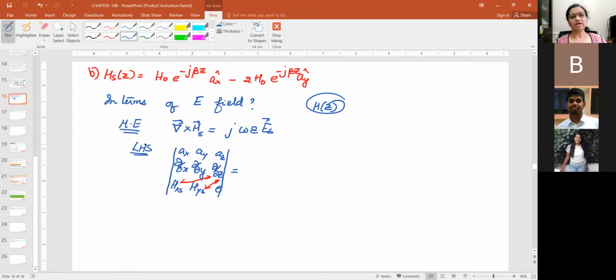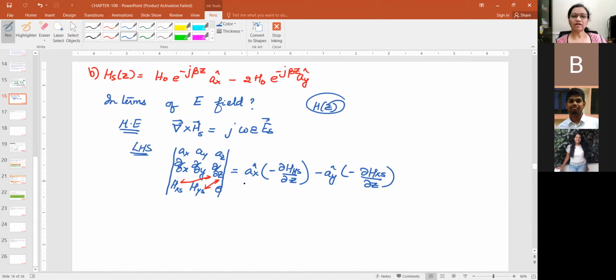So you will get ax cap, and then here you're going to get minus dou Hys by dou z. Okay, and then the next is going to be the y component. So minus ay cap, that when you do is going to give you minus dou Hxs by dou z.